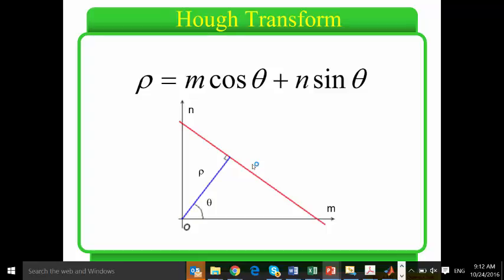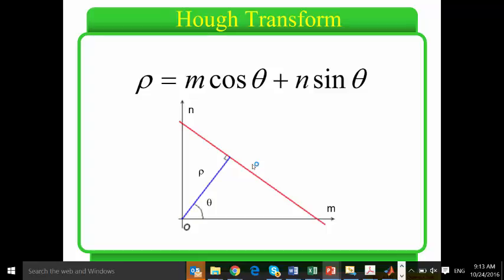So then OS is again equal to what? M cosine theta. But what about ST? If I make something like this.